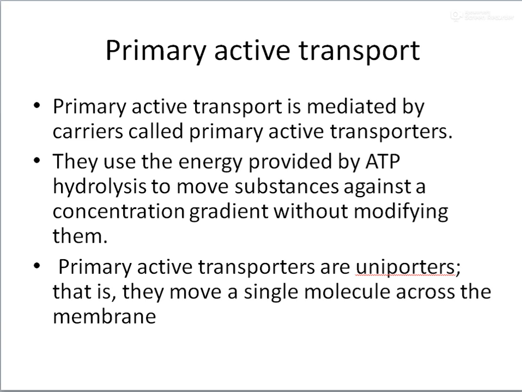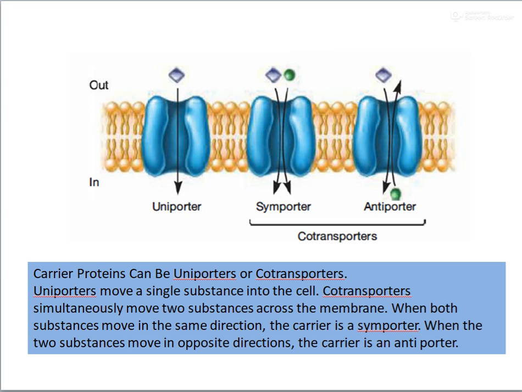The most important among the primary active transporters, as we all know, since proteins are involved in active transport, mostly include the ABC transporters. Now just have a look at this. Consider this case. You can see that only one substance is being transferred, and it happens only in one direction. That is, it is a uniporter.